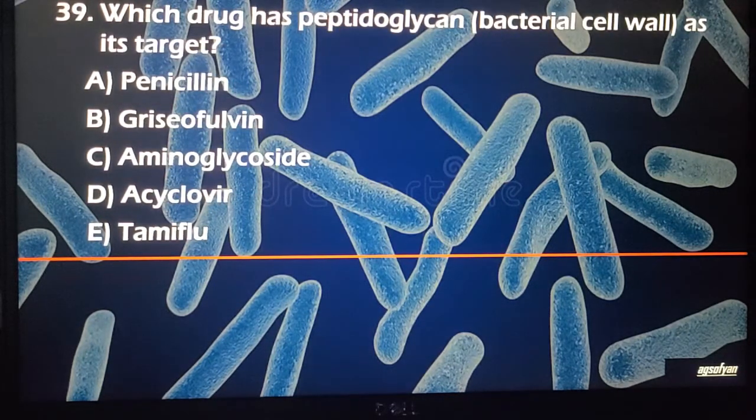Number 39. Which drug has peptidoglycan or bacterial cell wall as its target? A. Penicillin, B. Griseofulvin, C. Aminoglycoside, D. Acyclovir, or E. Tamiflu. Choose your answer.